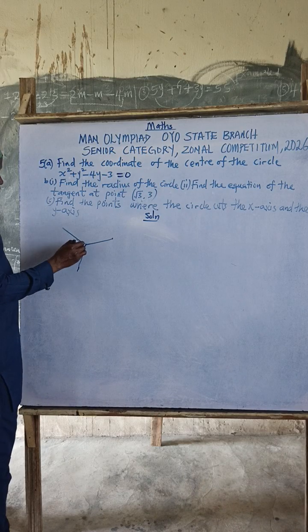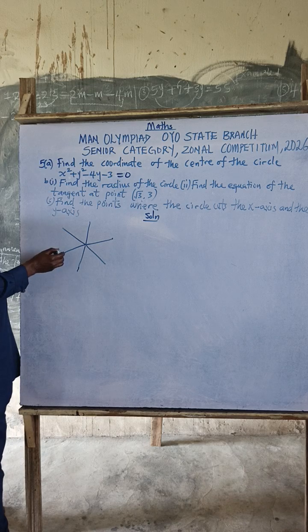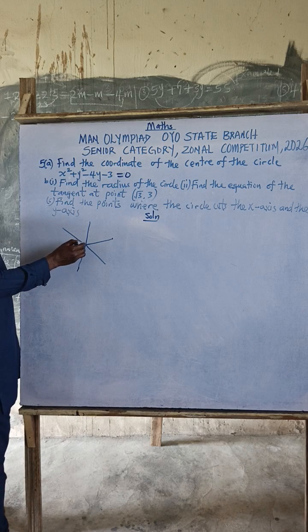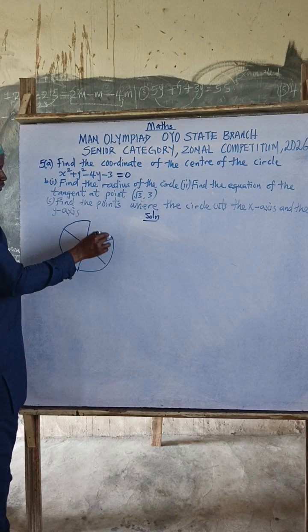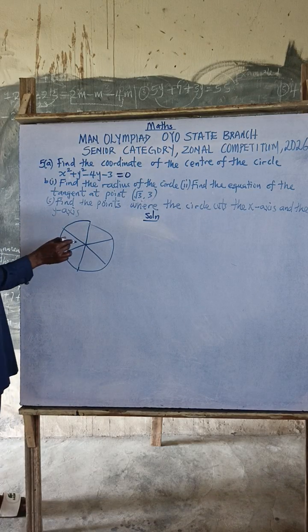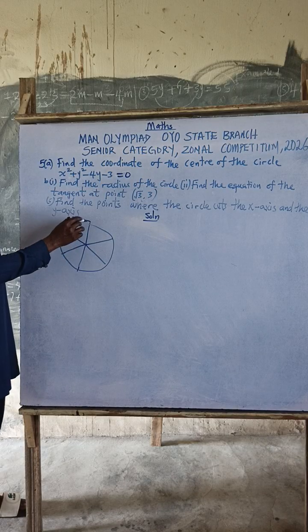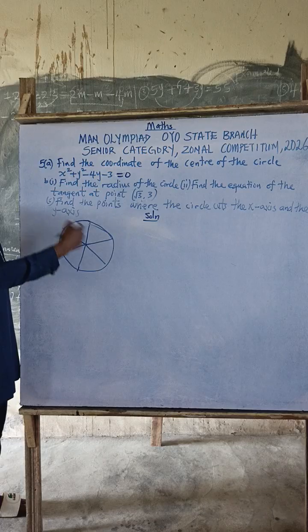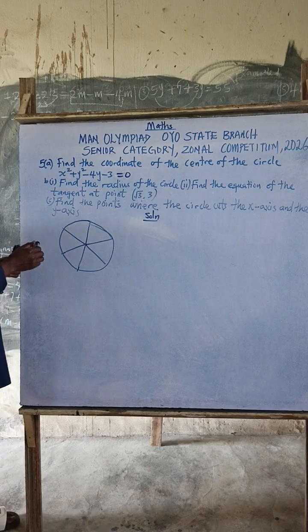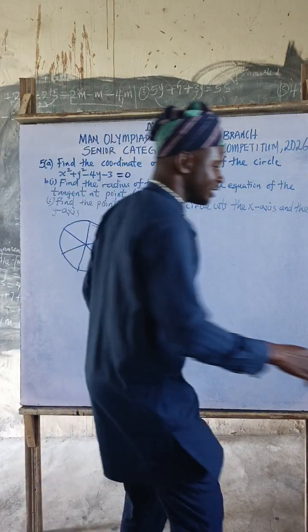Then we are trying to define a circle as the locus of a point which is equidistant from a given point. Now, join these points together, you are going to form a circle. That is the meaning of a circle: the locus of any point which is equidistant from a fixed point.